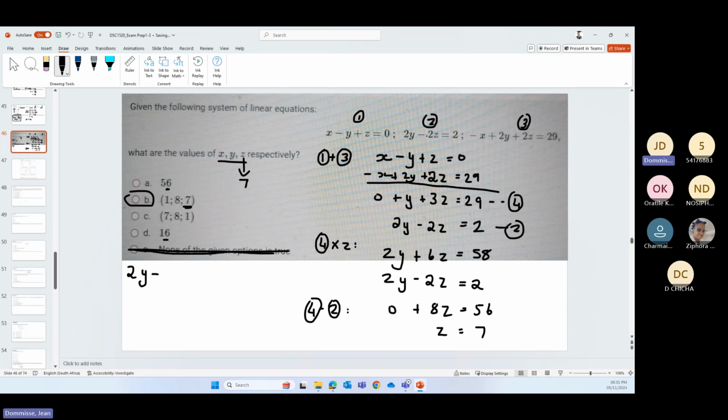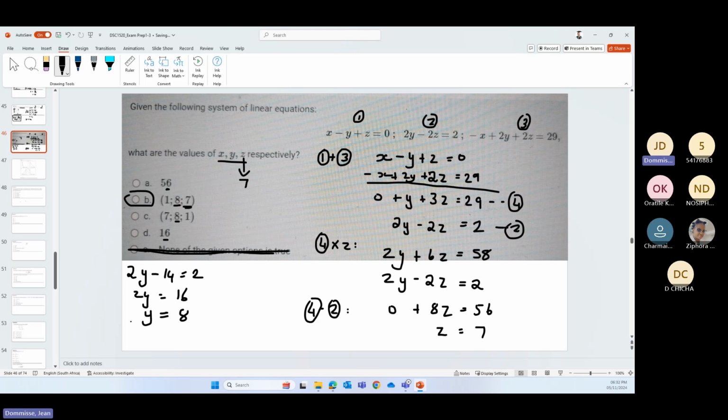So 2y minus 2 times 7, which is minus 14, is equal to 2. So 2y is equal to 16. So y is equal to 8. Okay, so lucky we did the z first.